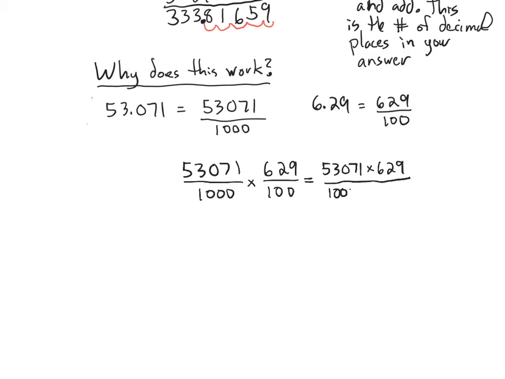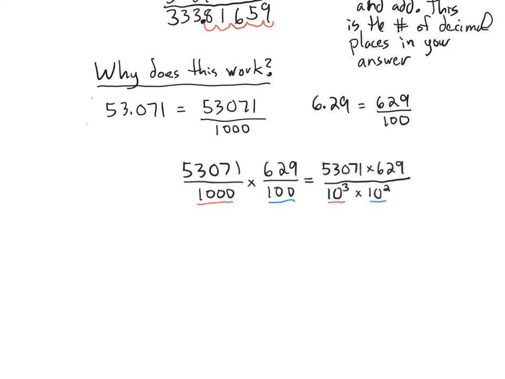Bear with me, this is probably a little bit better. 1,000 is the same as 10 to the 3. 10 times 10 times 10, a 1 with 3 zeros after it. And 100 is 10 to the power of 2. So that is a 1 with 2 zeros after it.